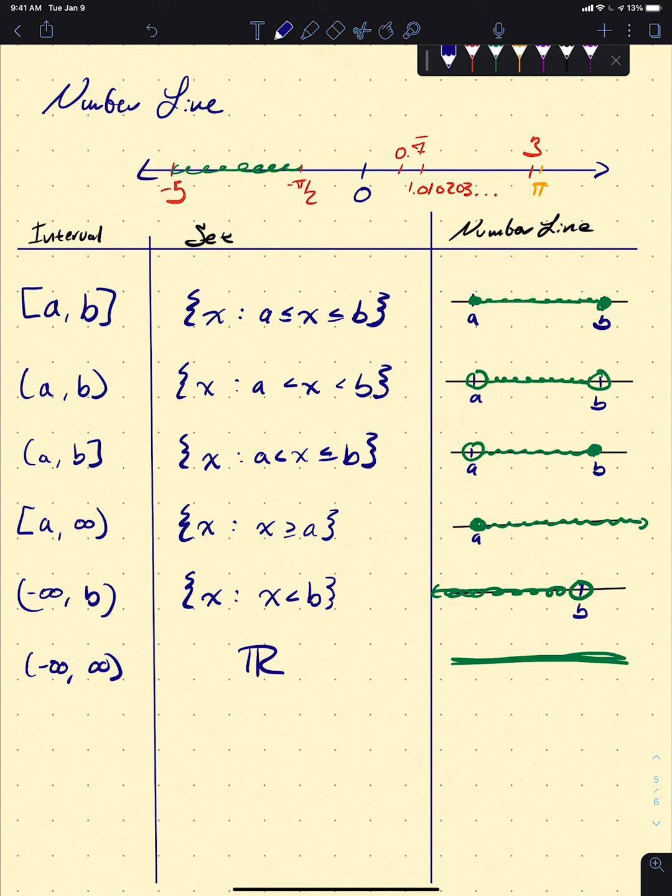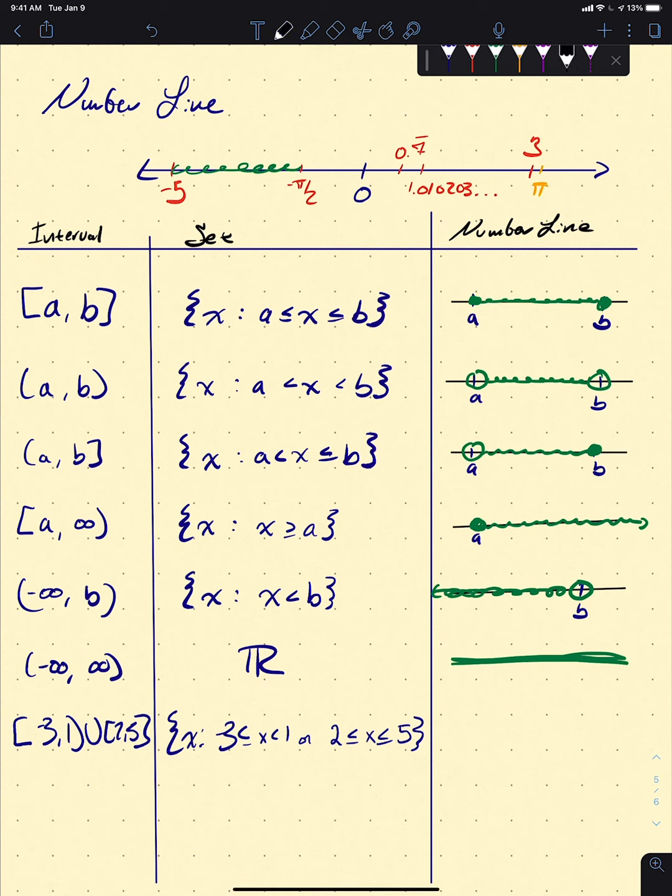So we can maybe talk about the set from -3 to 1 union 2 to 5. This is the set of all x where x is between -3 and 1, or x is between 2 and 5.